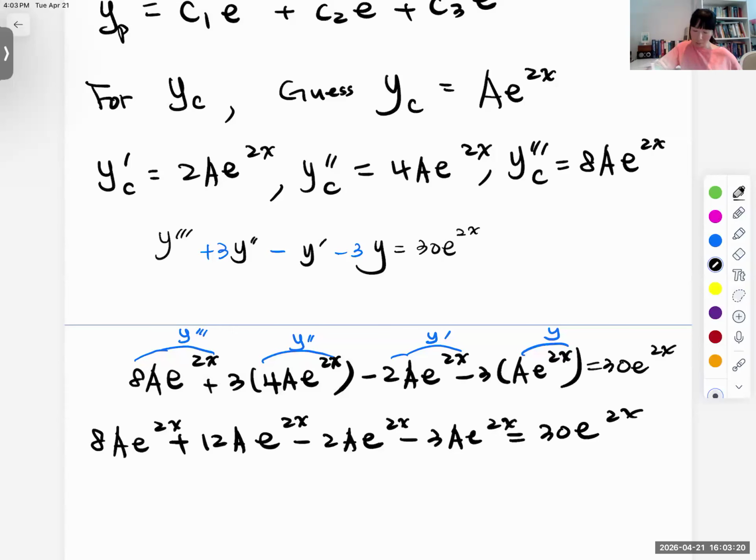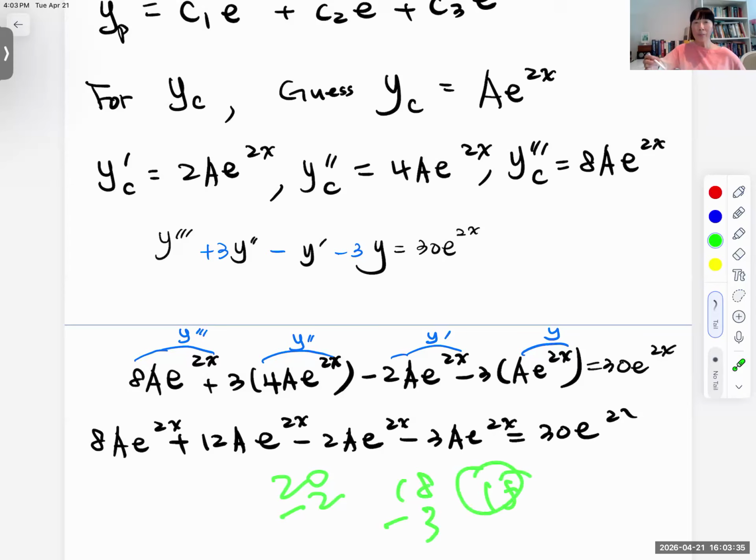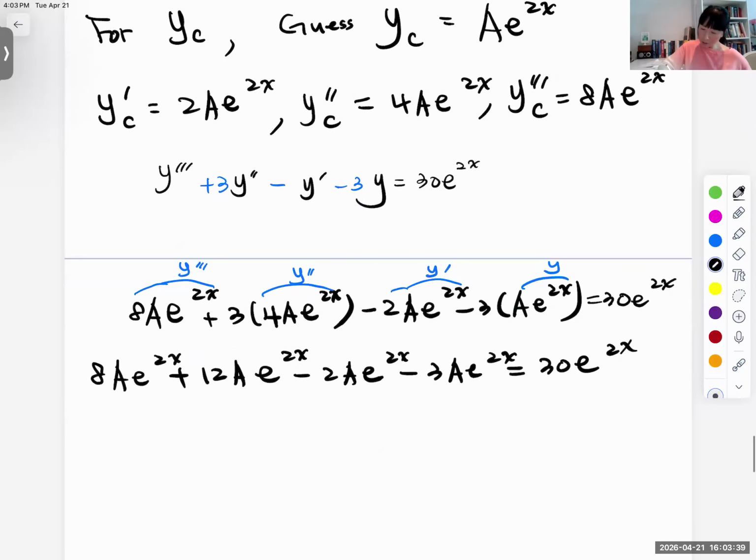Now combine everything. 8, 12, 20, minus 2, 18, minus 3, 15, yeah? 15a e to the 2x equal to 30 e to the 2x, missing an a, sorry.